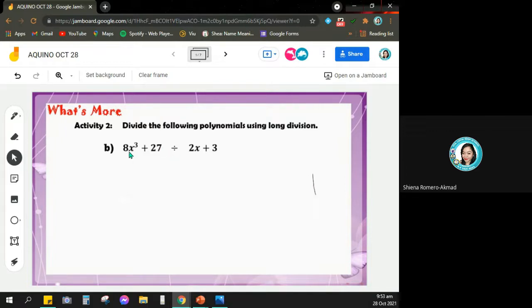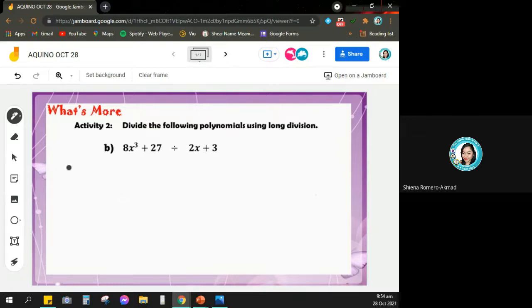Wala siyang x squared, wala siyang x. So, anong gagawin natin? Mag-leave tayo ng blank. Ipapakita ko sa inyo yung dalawang magkaibang solution, long division tapos synthetic. Huwag niyo lang sulatan, kasi magsusolution na ako dito. Habang nagsasagot sila, let me give letter B as an example, kasi for sure wala magsasagot nito sa inyo.